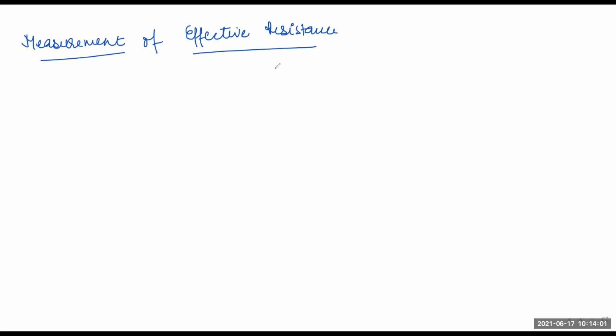What are the two methods? First method is the resistance variation method. And the second method is the reactance variation method.